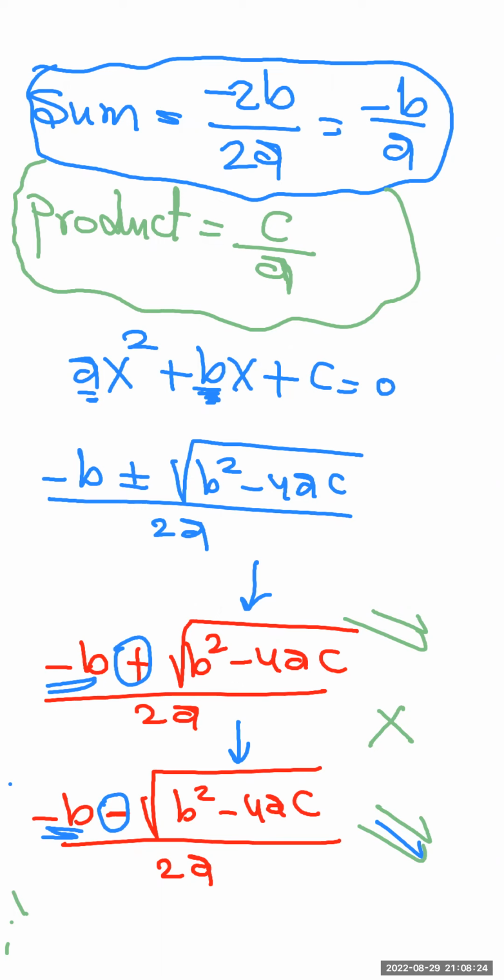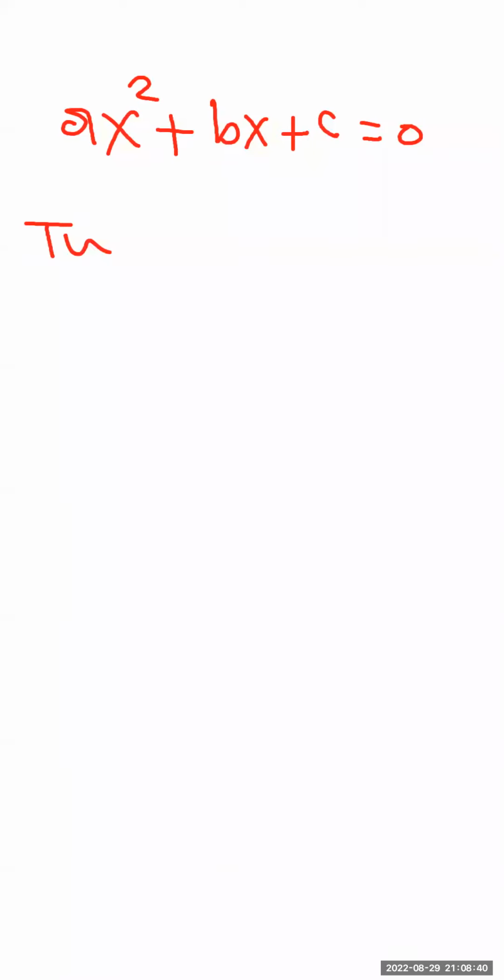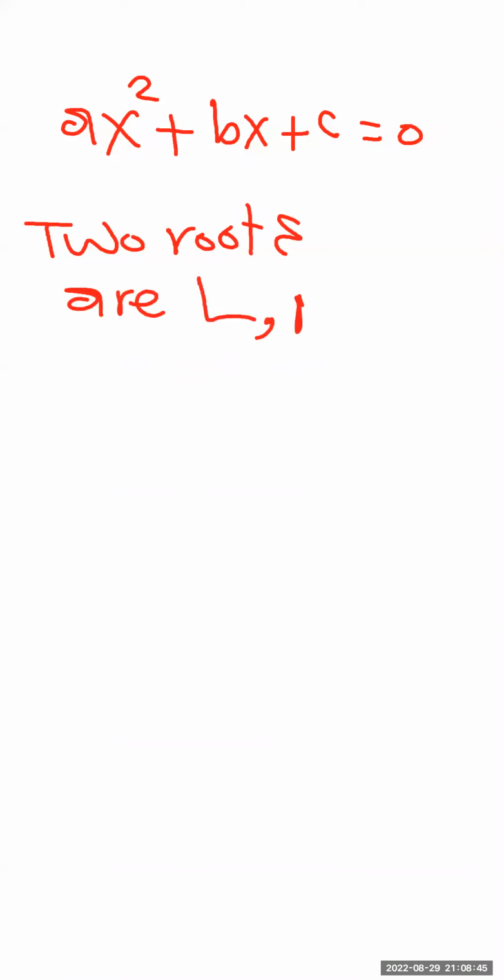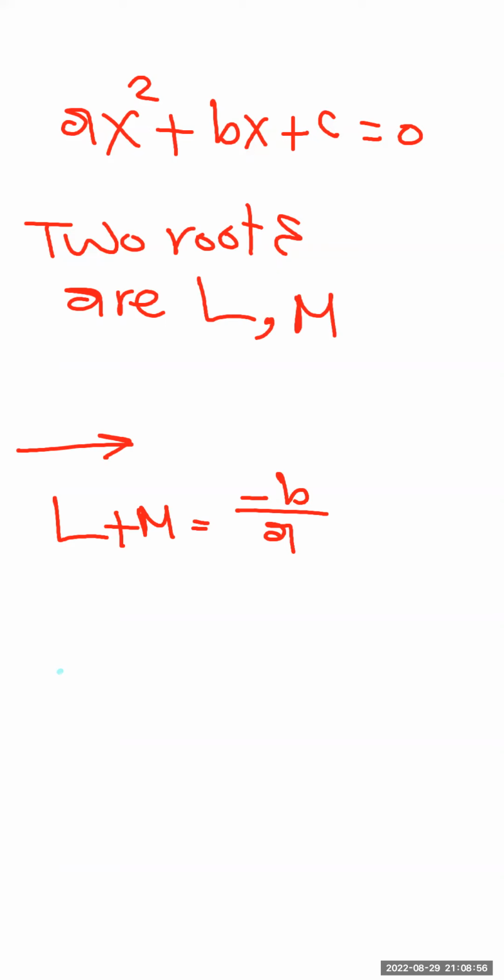Okay, so for example, if there is equation ax squared plus bx plus c equals 0, and the two roots, for example, are L and M. Therefore, the sum of the two roots will equal negative b over a, and the product of the two roots will equal c over a.